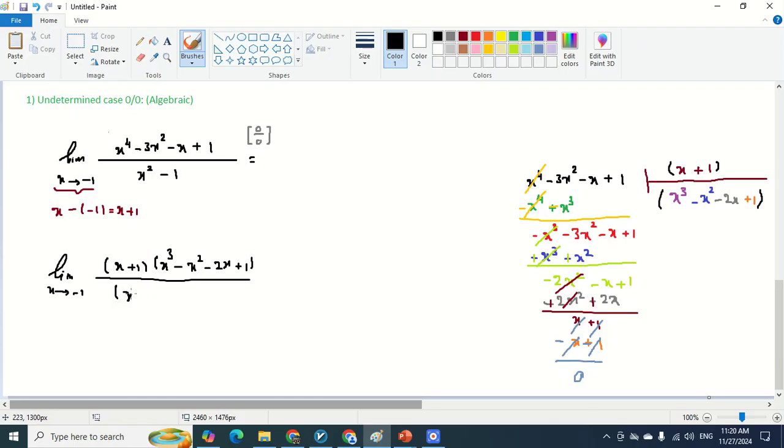So if you use the conjugate, it will be x minus 1 times x plus 1. And right now the factor that makes the expression 0 can be cancelled over here. x plus 1 from the denominator and numerator will be cancelled. Then substitute minus 1 instead of the x over there.